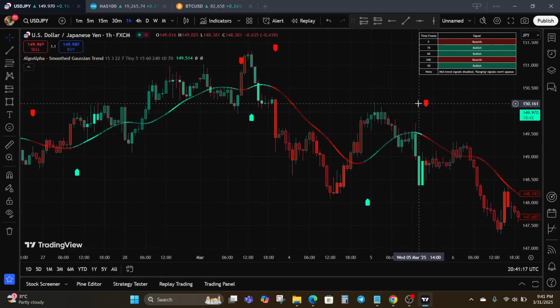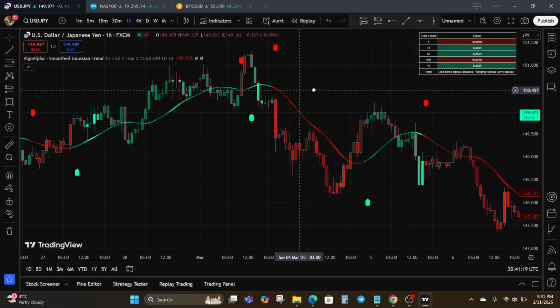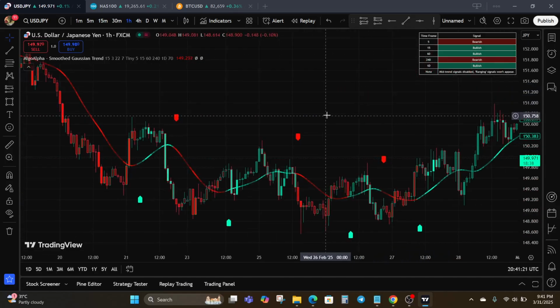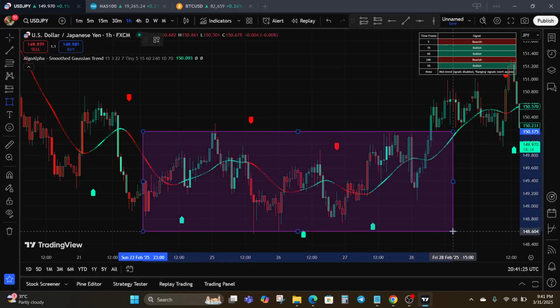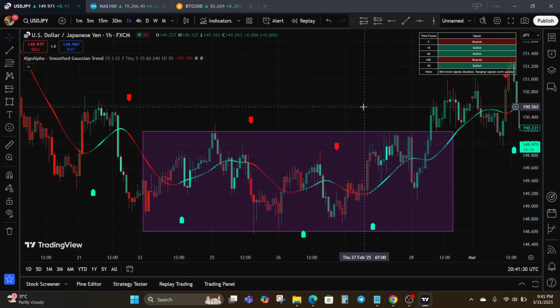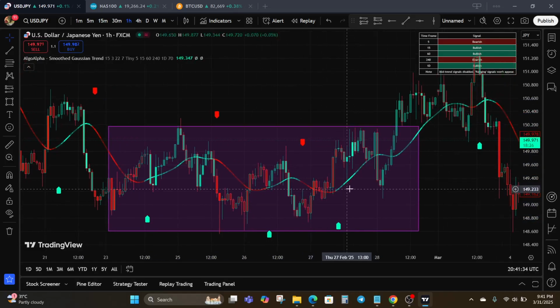Standard trend indicators often fail in sideways conditions, and traders lose valuable time and opportunities by trading in weak markets. Meanwhile, the Smooth Gaussian Trend Filter is designed to fix this problem by accurately detecting strong trends and keeping you out of ranging conditions.